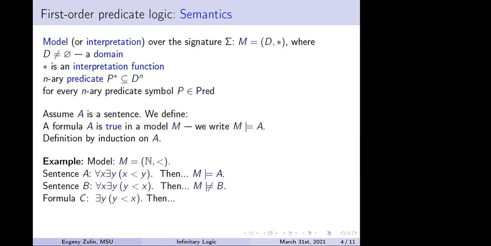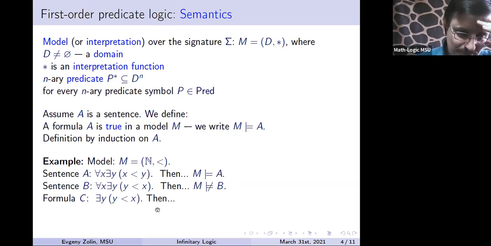Well, x there is a free variable, so I think we have to close this formula by applying this quantifier for all x, and thus it is, well, like this sentence B. Then no. The thing is that we ask exactly, is this formula true?